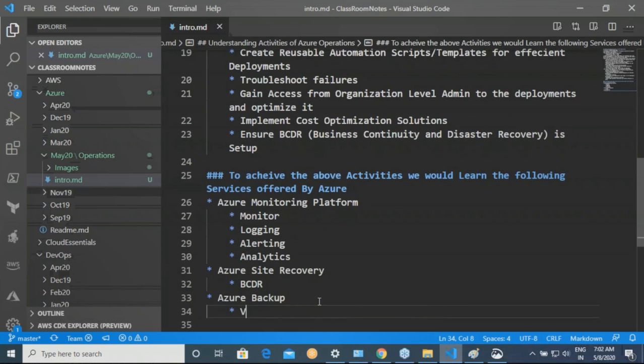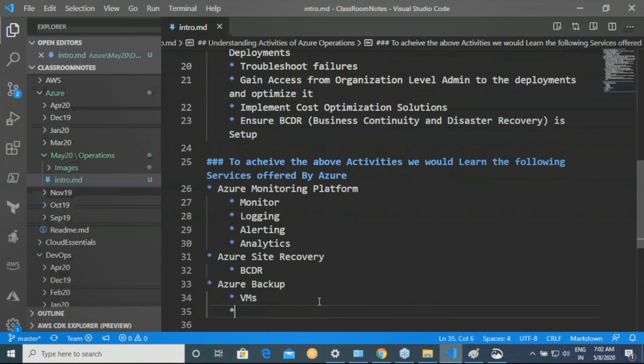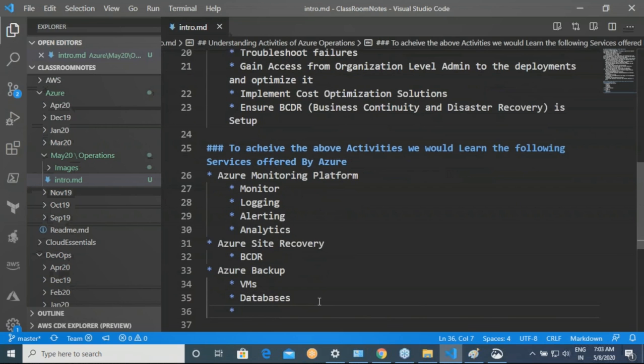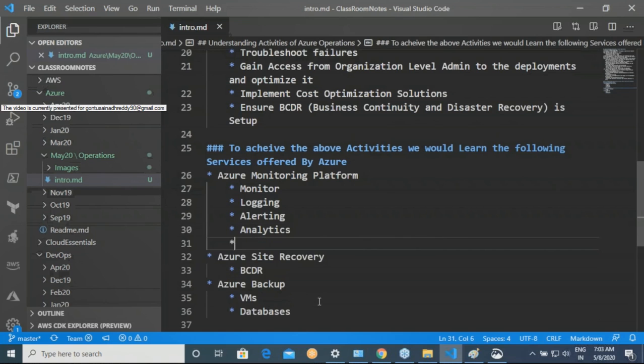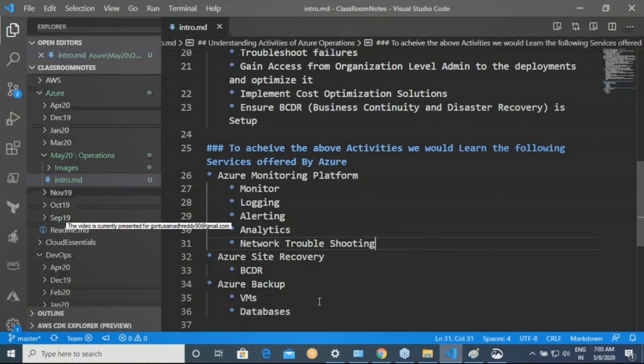And when I say backups, I'm speaking about virtual machines. I'm speaking about databases, and I think in databases there are different kinds of databases. So I'll be writing one simple term which is basically databases. And now here, let me speak about network troubleshooting also. Okay, so these are the activities which you would look into.